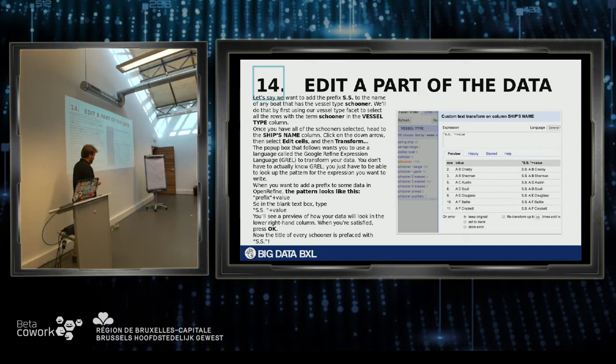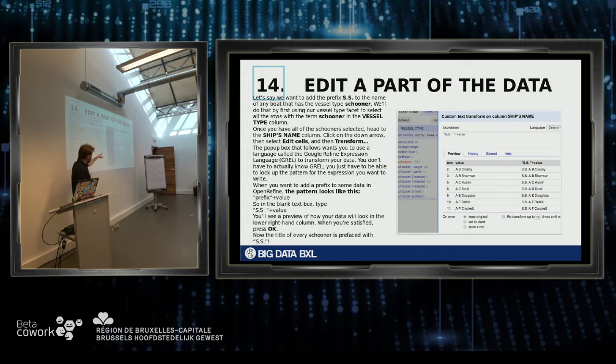Now, what happens a lot as well is, okay, there's something you want to do with your data set, but it only affects a part of it. So for example, I want to remove all the rows for which I don't know, let's say, a time, or I want to change, in this case, the name of the ship.